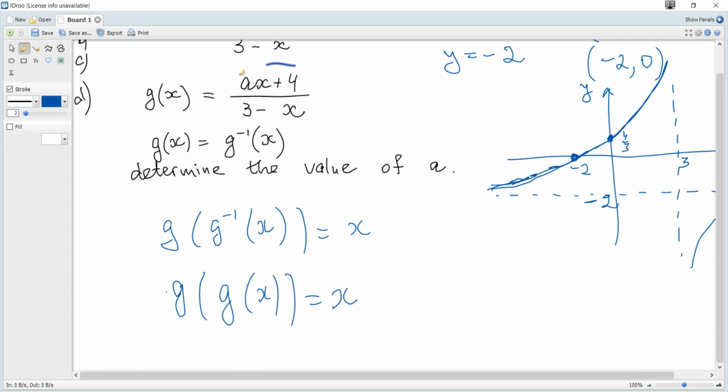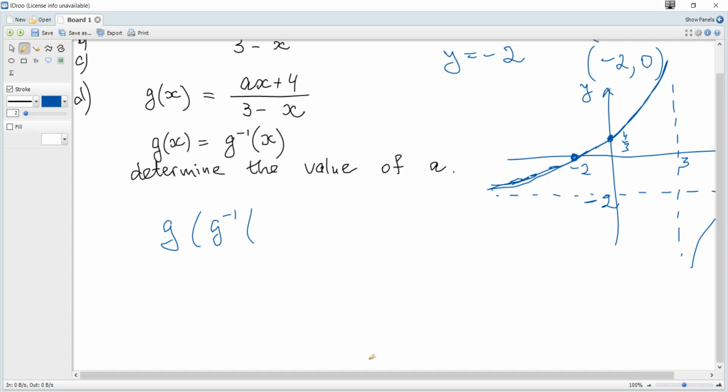So substitute this for x into g again, and equate it to x, and solve for a. Or another way, you may find the inverse for g and then equate, and also try to find unknown a.